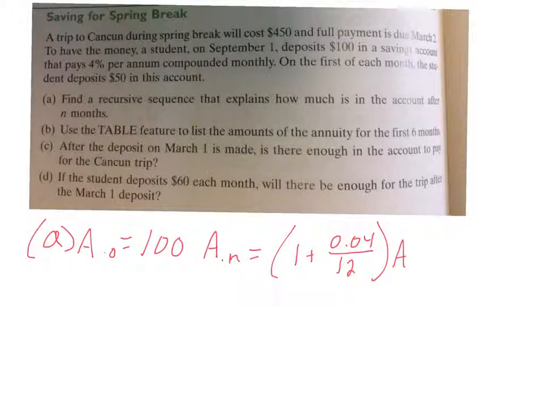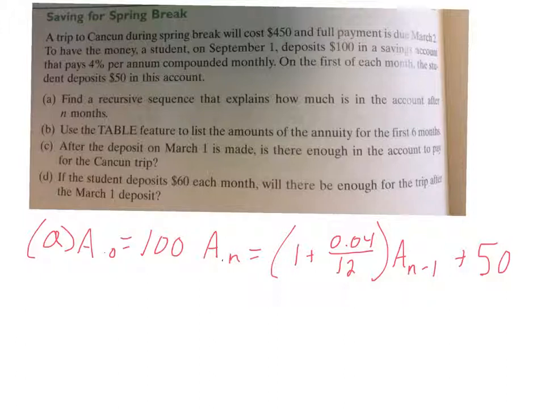So you take that and multiply it by the amount that you had from the previous compounding period, and you add in the new amount that you are depositing, which is $50 each compounding period here. And that's the amount you'd have after a certain number of iterations.